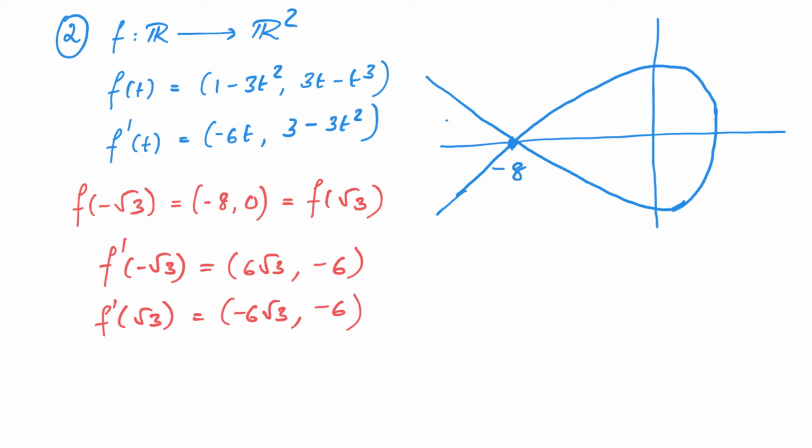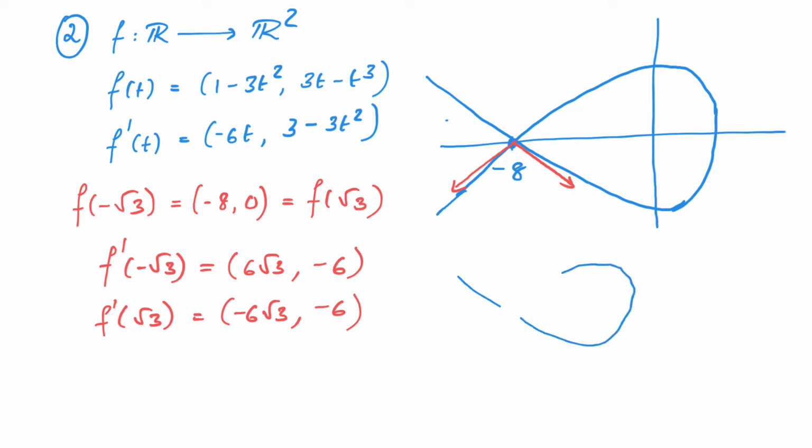That is, as expected, the derivative at minus root 3 has a positive x component but negative y component. On the other hand, the derivative at plus root 3 will have both its x component and y component negative.